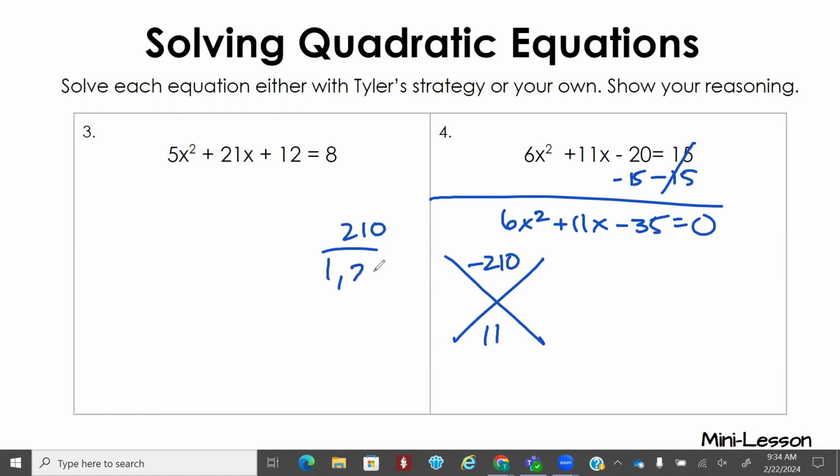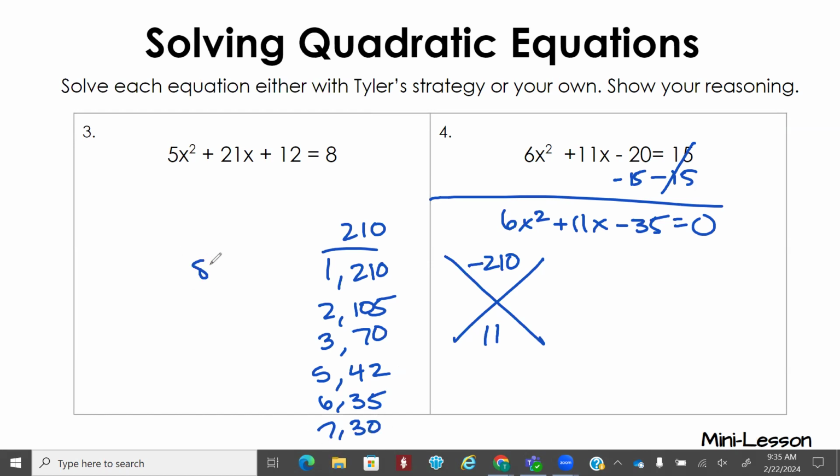Okay, so 1 times 210 is 210. 2 times 105 is 210. Is there 3 times something? 70. Is there 4 times something? No. What about 5 times something? What about 6 times something? Okay. What about 7 times something?